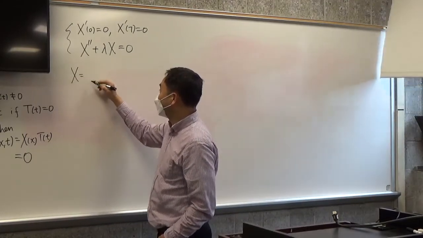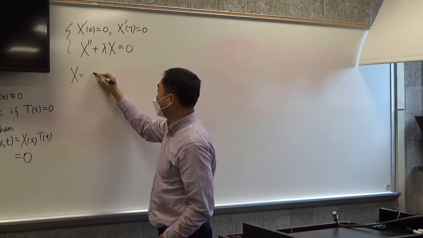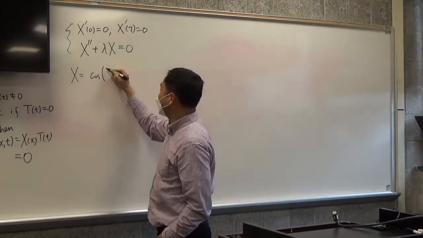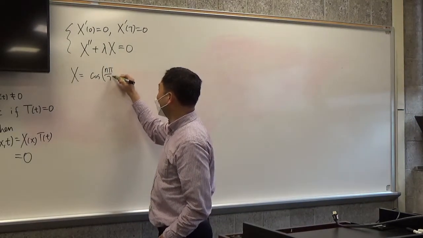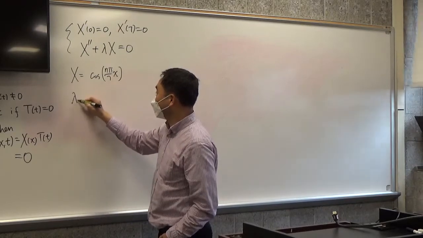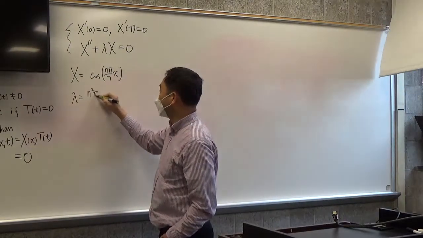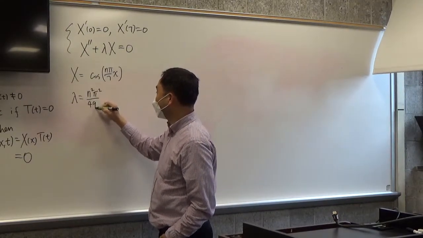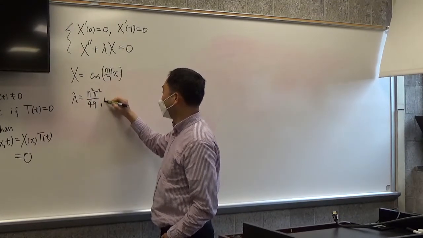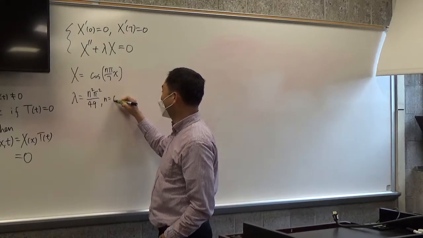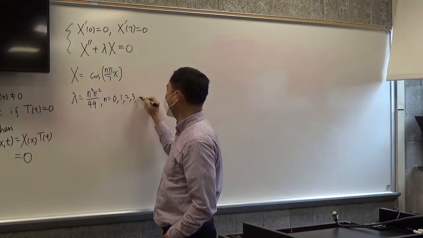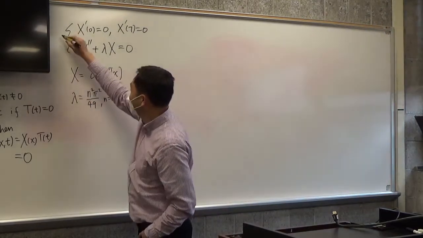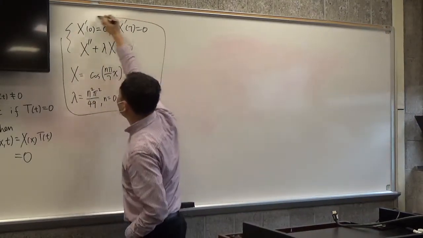We know that the solutions look like cosine of n pi over 7 x, with lambda being n squared pi squared over 49, with n equals 0, 1, 2, 3. So that's something that we got.